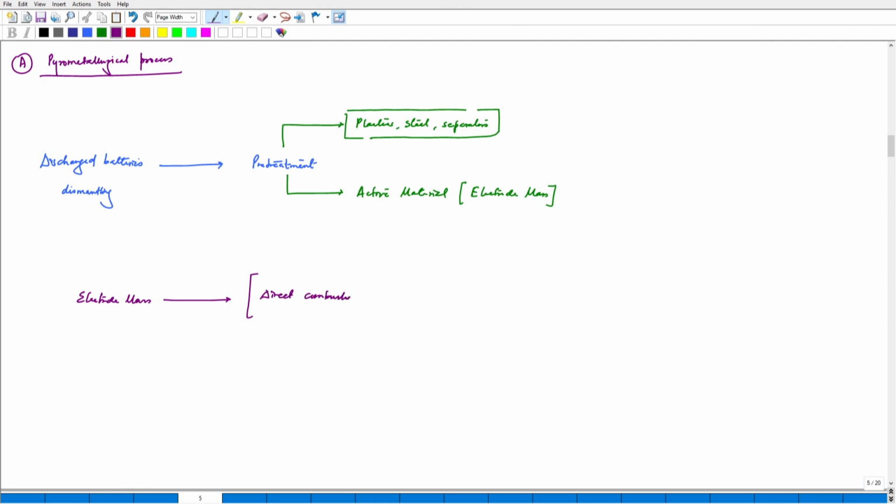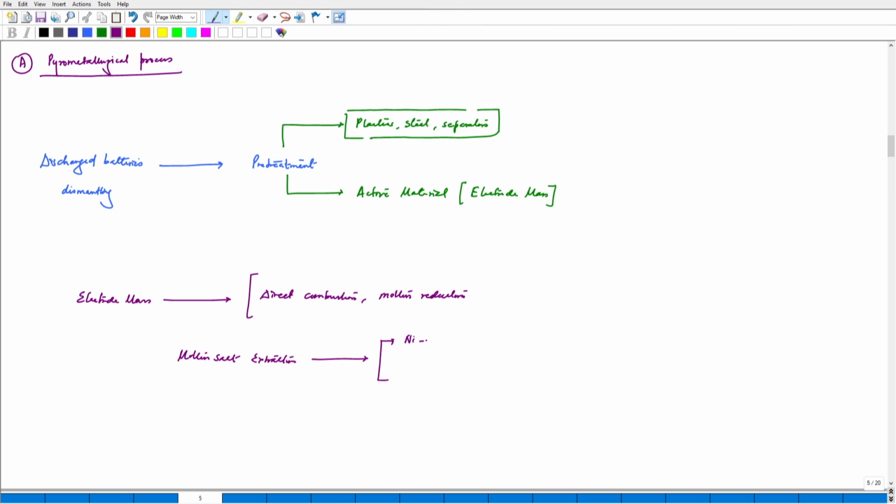Just put it in a furnace, subject it to conversion, or molten reduction. Either of these processes can help. Now if we are going for molten salt extraction, we will be getting two different sets of products.